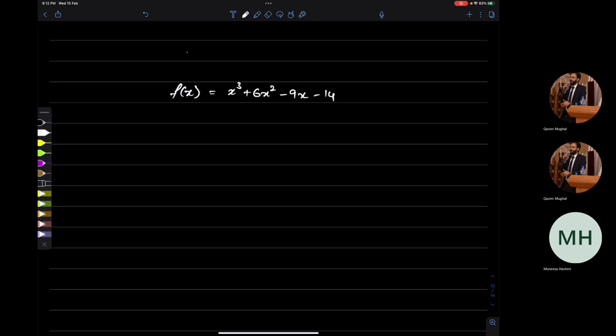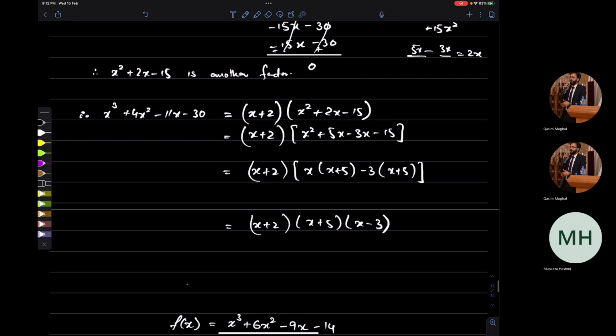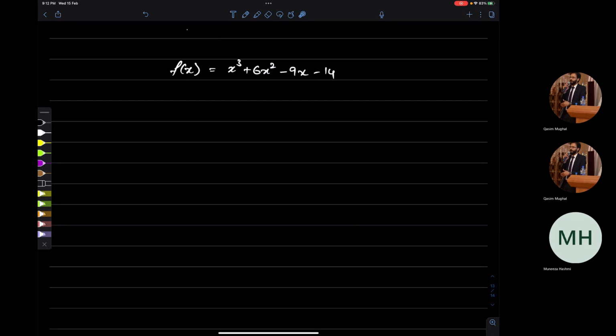I want you to factorize this. You should be able to get exactly the same type of answer, all three linear factors for this one. Try it after the lesson, for practice. And that's all about the first chapter of the book. You can start practicing the questions from your book as well.